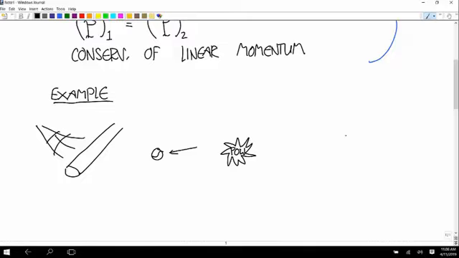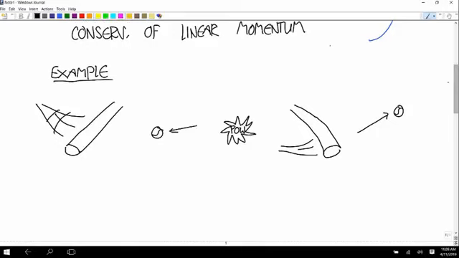After the collision, the ball has a different velocity, and we want to figure out the average force applied to the ball by the bat.